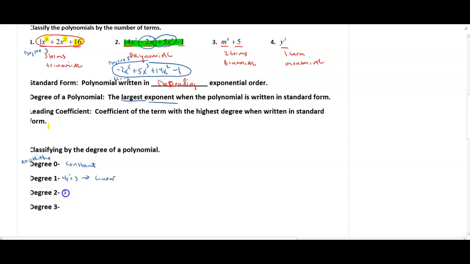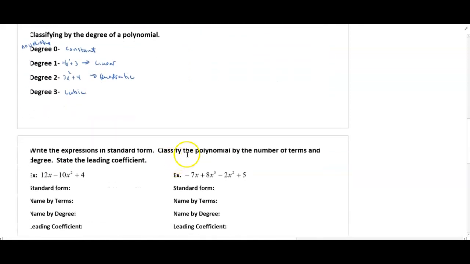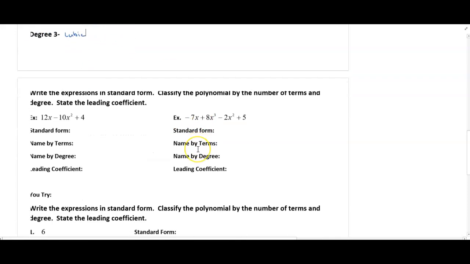Degree 2, such as 3x squared plus 4, would be a quadratic. And degree 3, where the highest exponent is 3, that would be cubic. All right. Anything else, we're just going to go ahead and say degree 5, degree 6. That's what we're going to do.